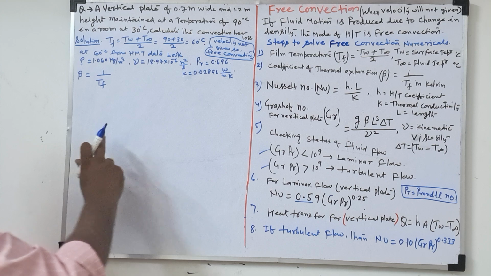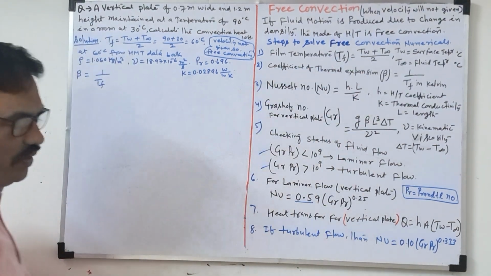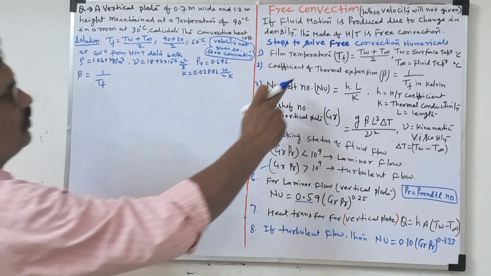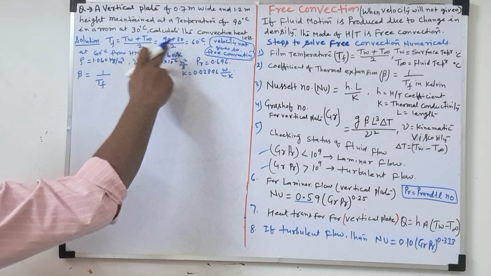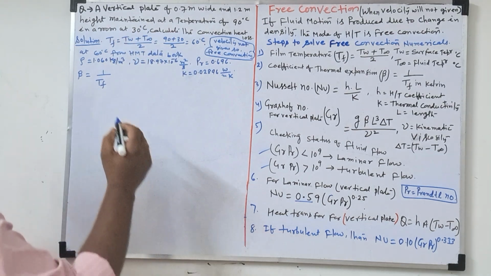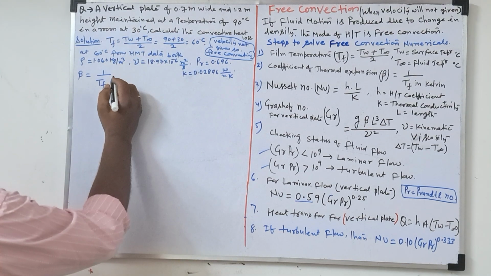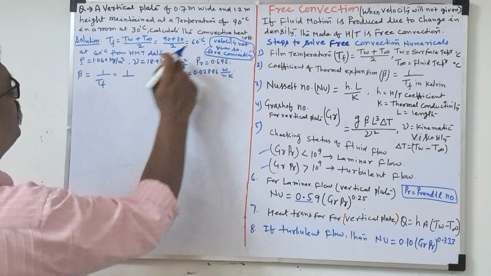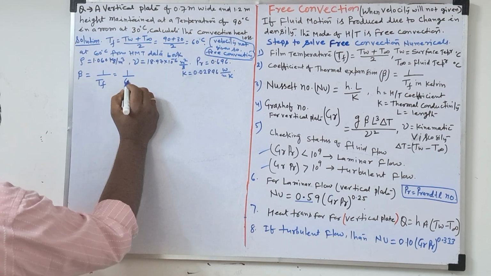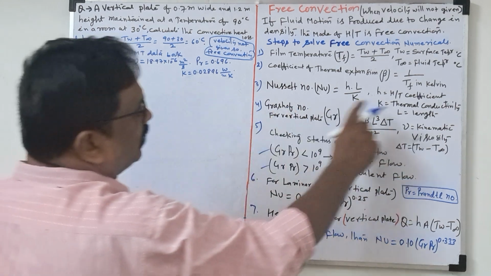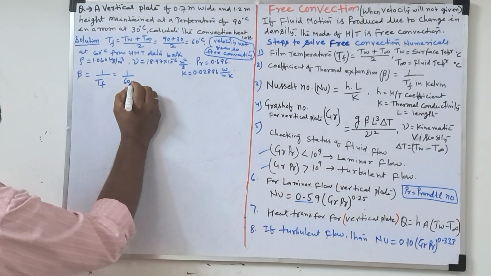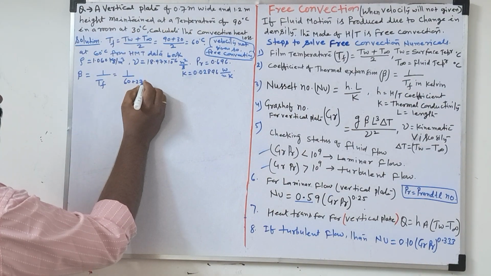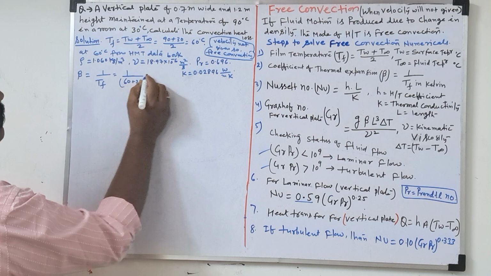In free convection, we have to find the coefficient of thermal expansion. In forced convection that step will not be there. The other steps will be there in forced convection also, but the coefficient of thermal expansion will not be there. So how much will that be? This is 60 degrees, but it should be in Kelvin. I wrote here, Tf should be in Kelvin, so you have to add 273. Now it becomes Kelvin.